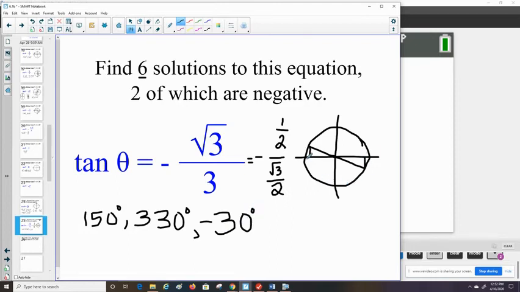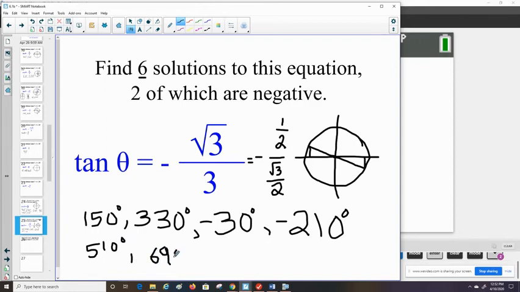Or negative 180 minus another 30 degrees, so negative 210. And now to find more solutions, add 360 to each one of these, subtract 360 from each one of those. I'm just going to go ahead and add 150 plus 360, and then 330 plus 360 to get my other 2 values, and I get 510 and 690.